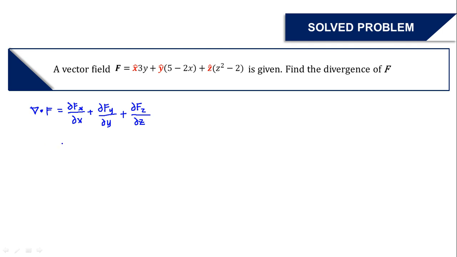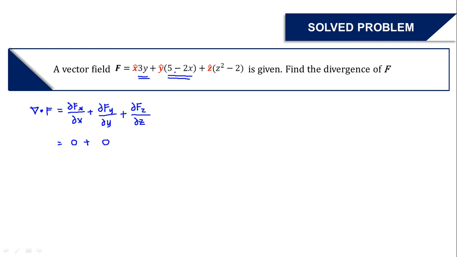And kung gagamitan na natin yan ng partial derivatives, ano ang partial derivative ng f sub x? F sub x natin is 3y, no? Partial derivative niyan will be, partial derivative ng 3y is 0, tama ba? Plus the partial derivative of f sub y with respect to y? 0 din yan, no?